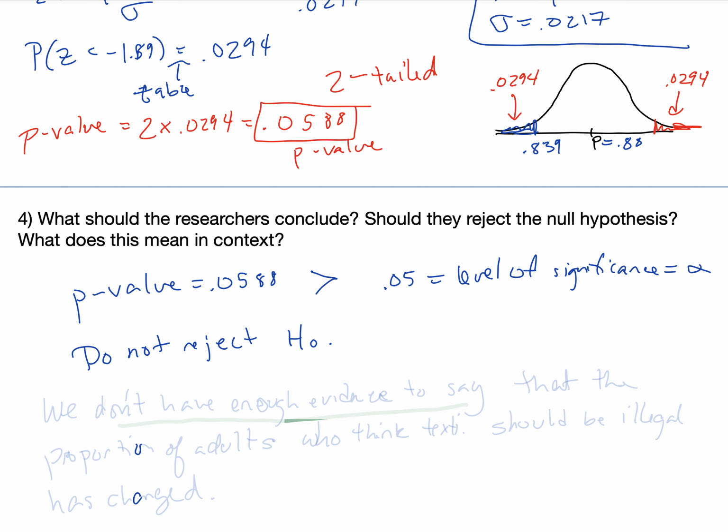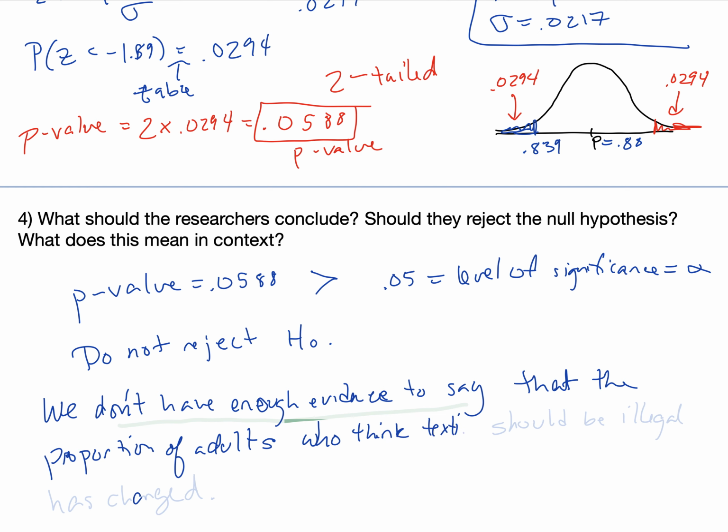What does this mean in context? We don't have enough evidence to say that the proportion of adults who think texting while driving should be illegal has changed.